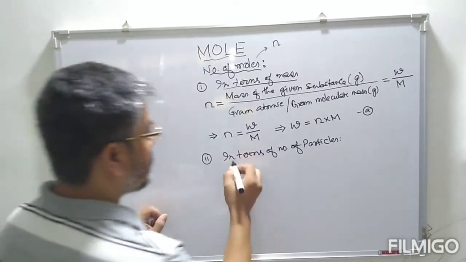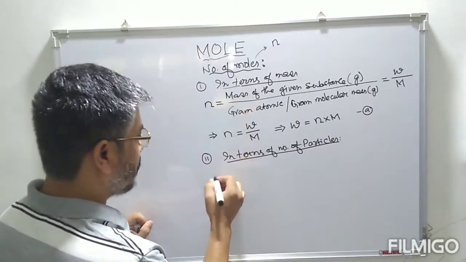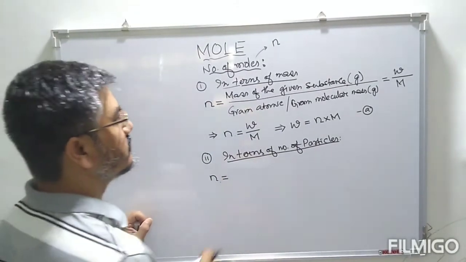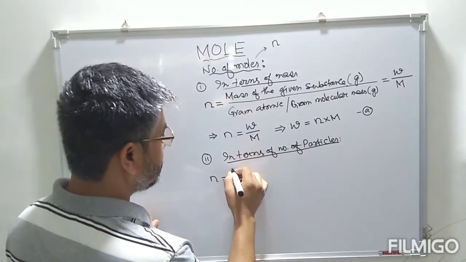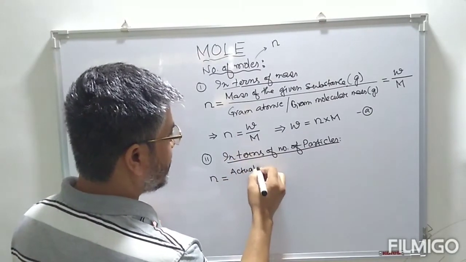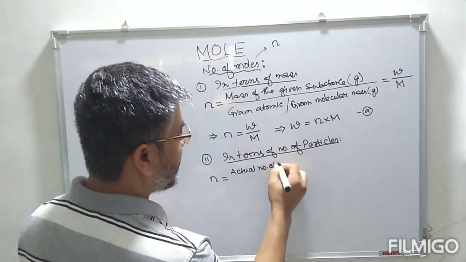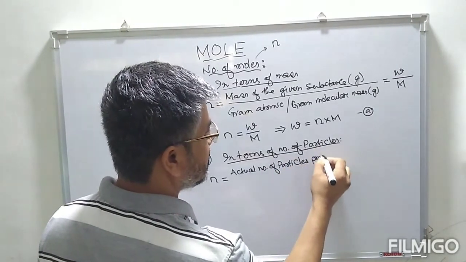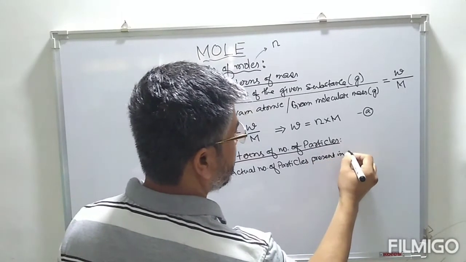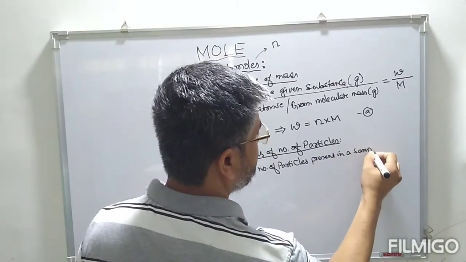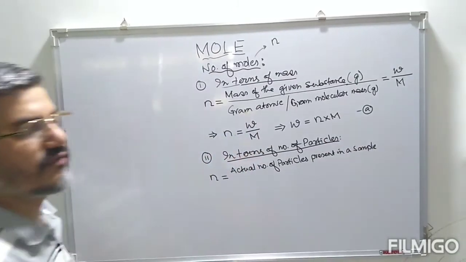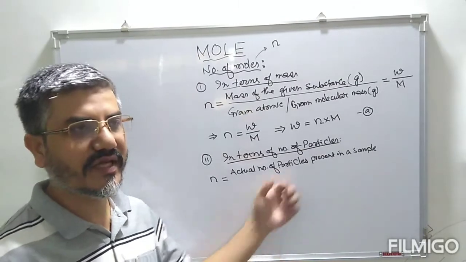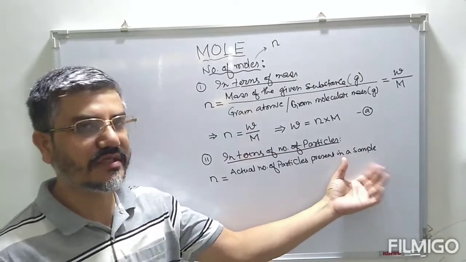So in terms of number of particles, the number of moles n is defined as the actual number of particles present in a sample. Means in a given sample of atoms, molecules, ions, how many particles are present: how many atoms, how many molecules, how many ions.